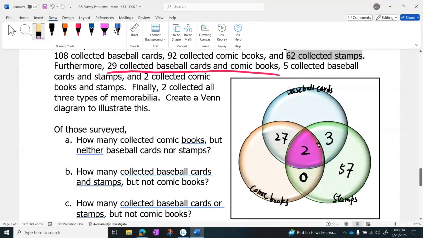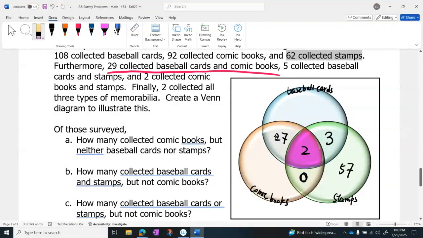And it's very interesting, the graph, actually. When you start from the center, the center includes the collectors who collect all three. And the three petals represent the collectors who collect exactly two of the three things.